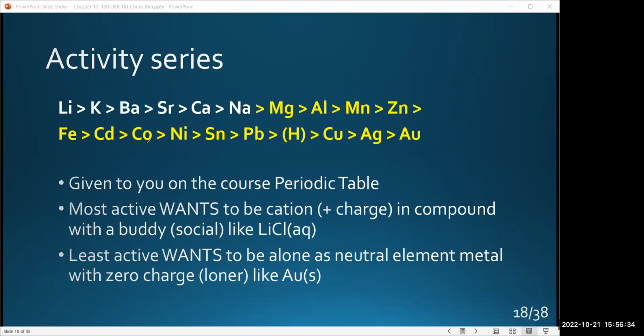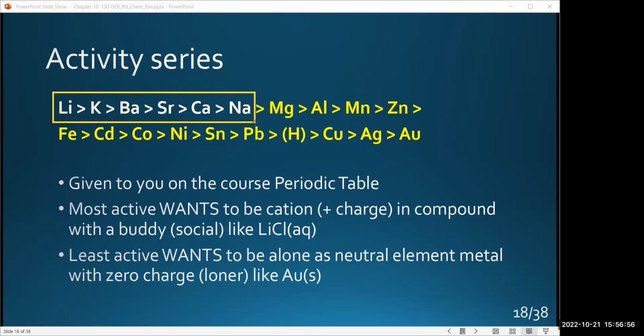So you can see here that we have one set that's highlighted. You'll find it on the data table as well. These six metals, starting with lithium, the way it reads across the board is this.